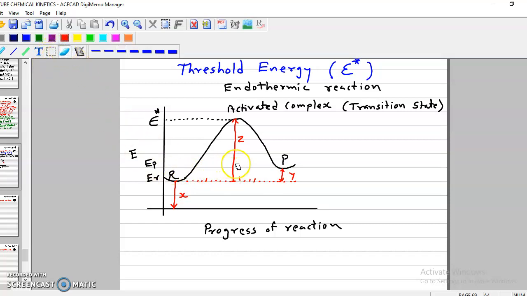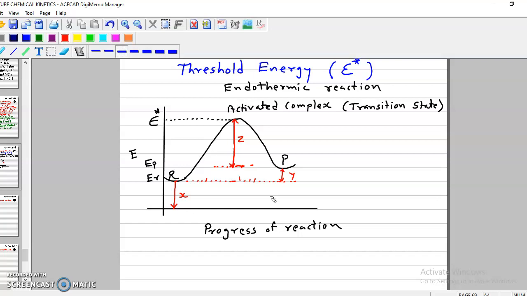I made a mistake. This can be Z. The energy of activated complex and energy of product, the difference is called Z.